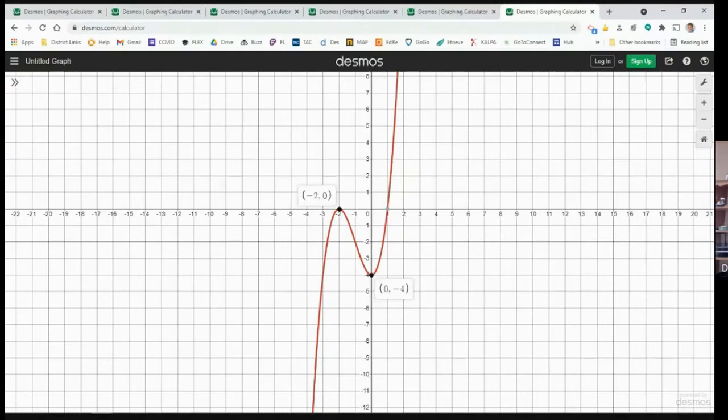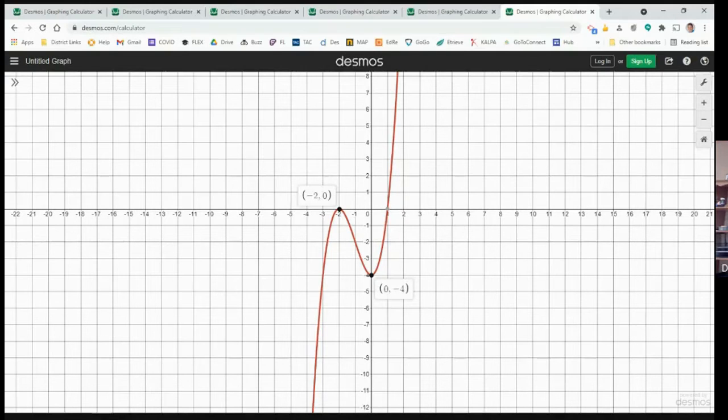All right. So other things we would look at when we talk about a graph would be minimums and maximums. When we look at a minimum or a maximum, we could have an absolute minimum or maximum. But in this case, we don't, because if we say, okay, what is the maximum for this graph?